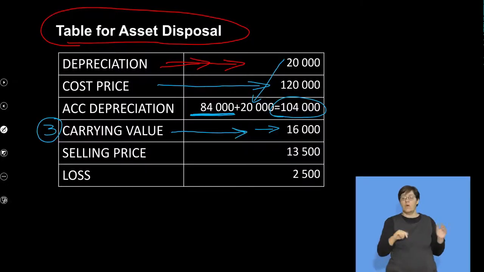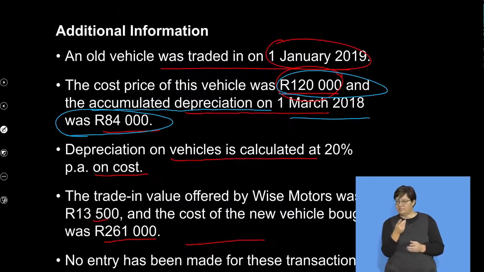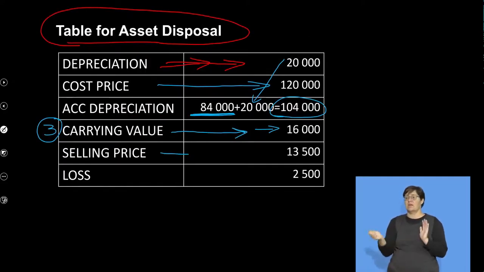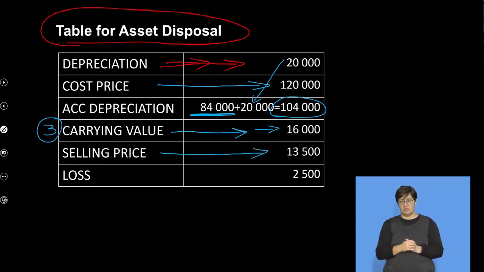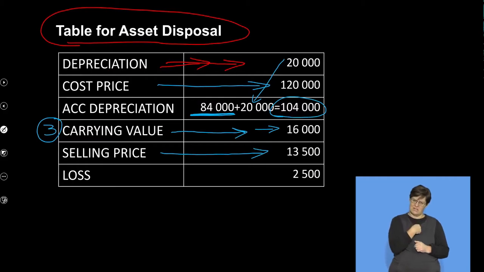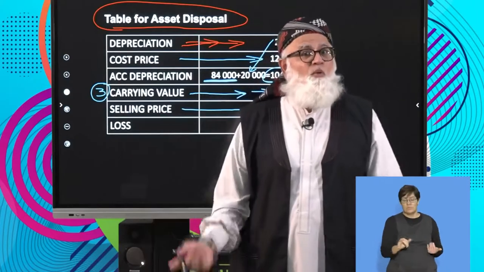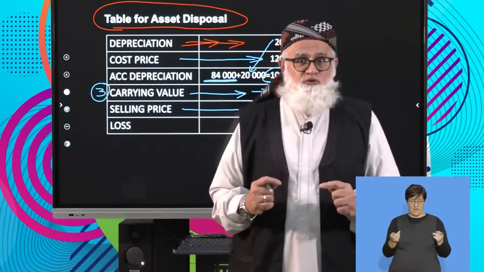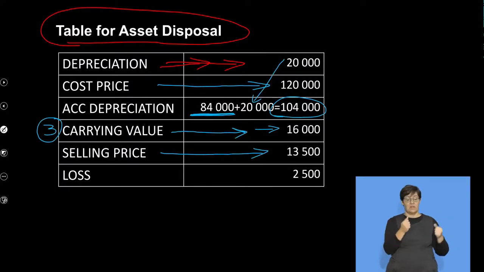Okay, so now I bring in my selling price. I'm told the trade-in value offered by Wise Motors was 13,500. So they offered us an amount of 13,500 as our trade-in. That is my selling price. The next thing that you ask yourself, come on guys, you should be shouting out the answer: compare my selling price with my carrying value. Is it greater or less than my carrying value?